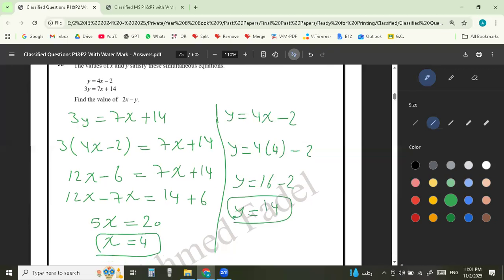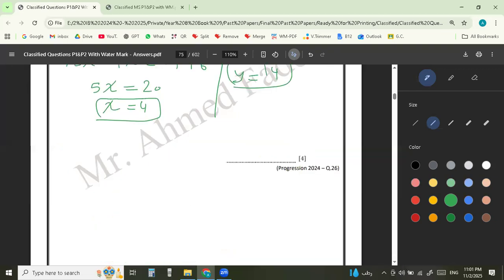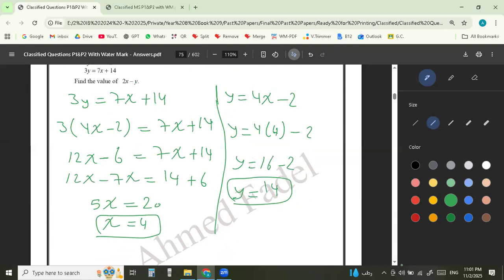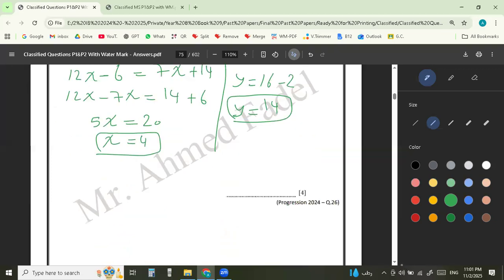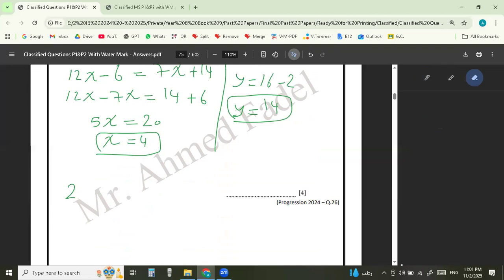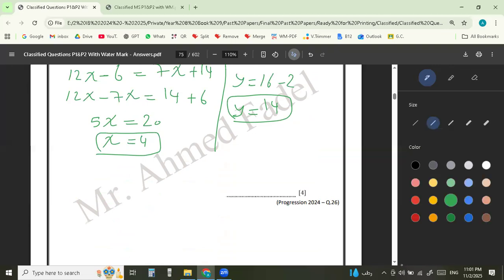So I'm going to go down there. What did they request? Oh, read the question, mister. Read the question well. They want you to find the value of 2x minus y. All right, so I'm going to write here: find 2x minus y.